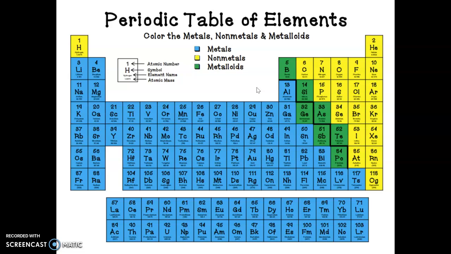So when you pull it up, if you can identify the element and where it's located, then you should be able to tell me what type of element it is. You are going to do some practice with that, as well as some practice with the groups and the families in today's assignment. But if you have any questions, of course, you know you can always reach out and let me know.